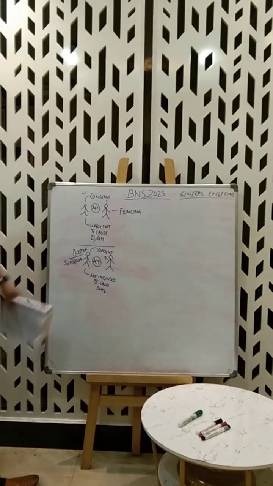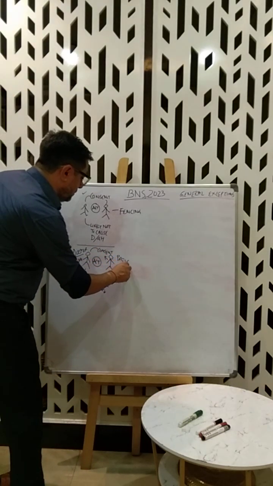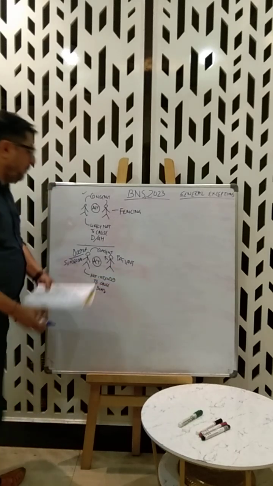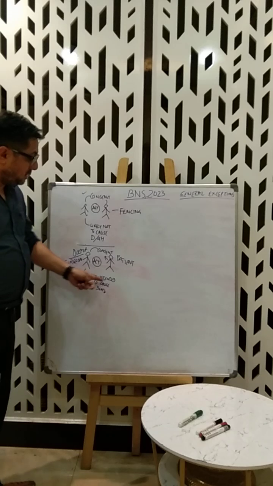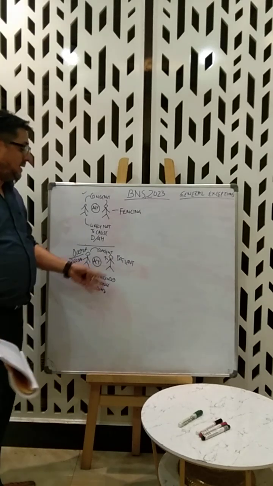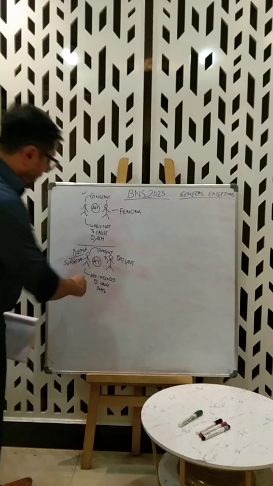The patient gives consent to the doctor to operate. He operates. It is not intended to cause death, but he dies. So what happens? It is not an offense, although someone has died by the act.